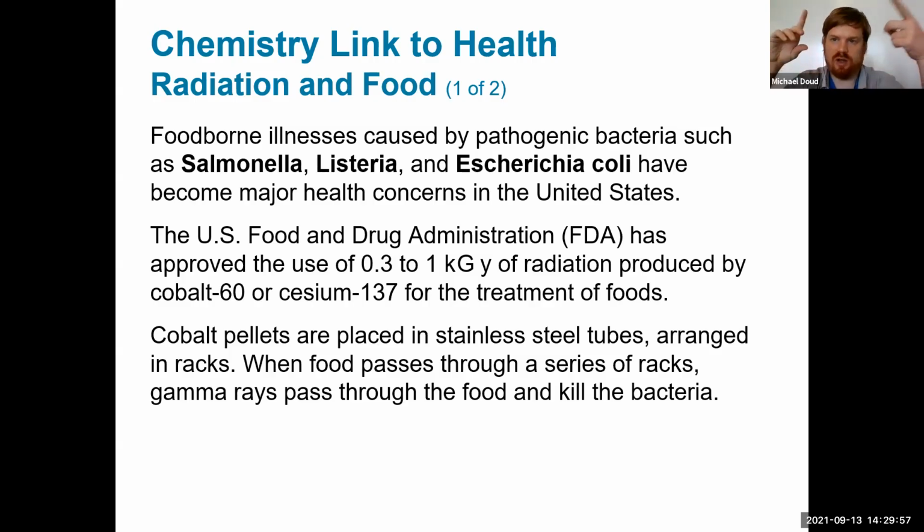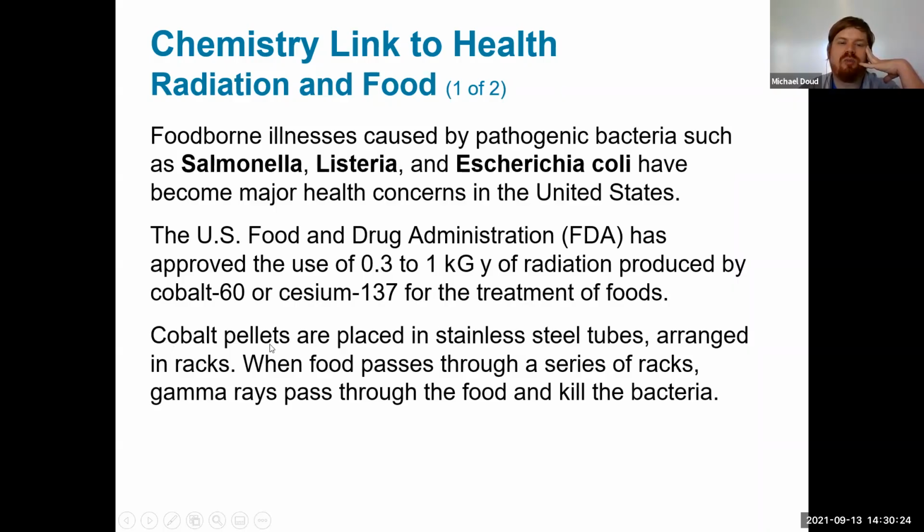You've probably heard of salmonella infections, listeria infections, and E. coli infections in foods. So what food shippers do is, once they get the food, they'll dose it with a small amount of radiation from cobalt-60 or cesium-137 to treat foods.